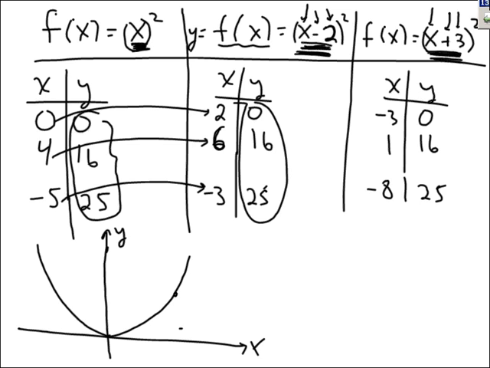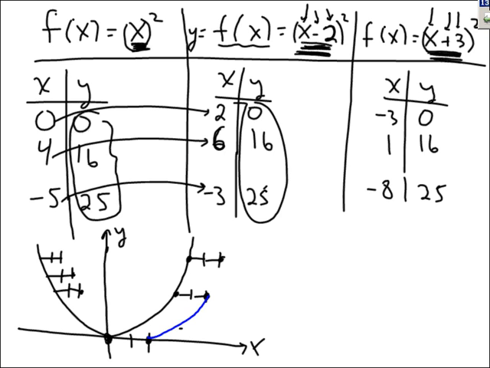To get this y value, x needs to be 2 more. To get this y value right there, I need to move over 2. Every point moves to the right 2 places.